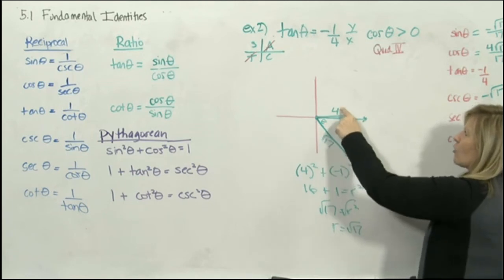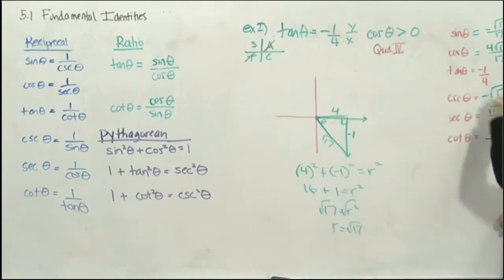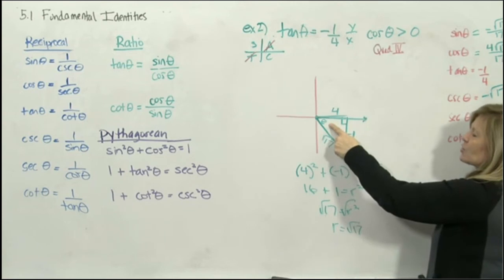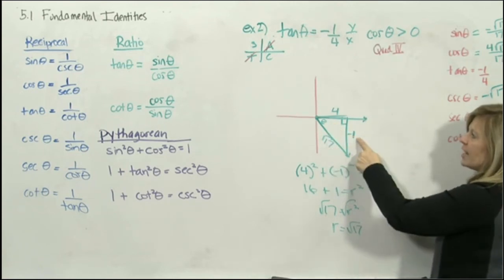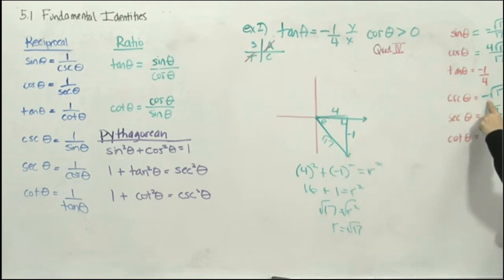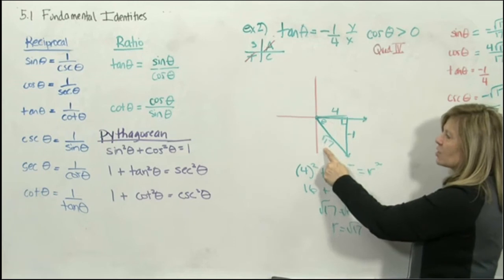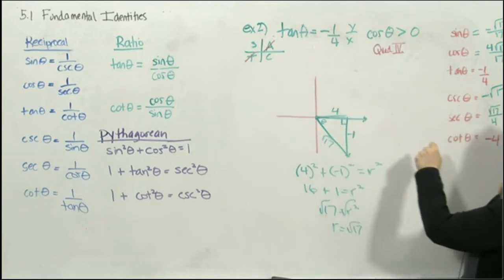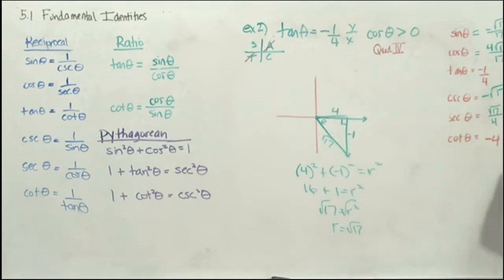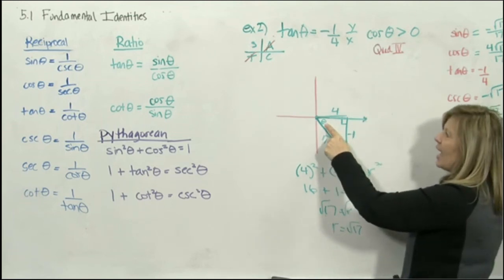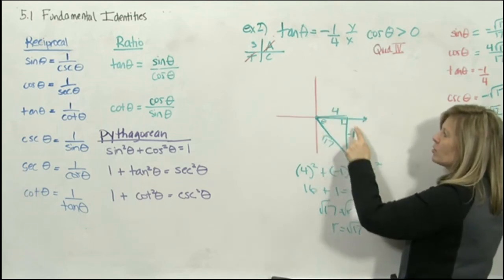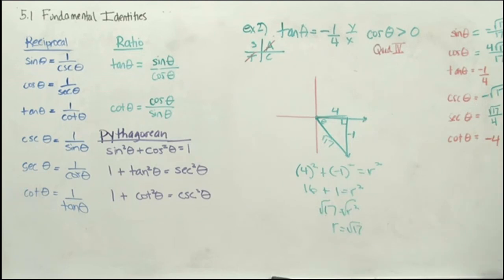Tangent is y over x, negative 1/4. Cosecant is r over y, square root of 17 divided by negative 1, negative square root of 17. Secant is r over x, square root of 17 divided by 4. Cotangent is x over y, 4 divided by negative 1, negative 4.